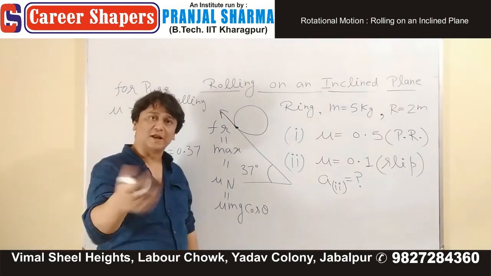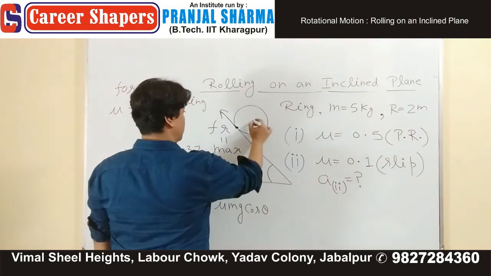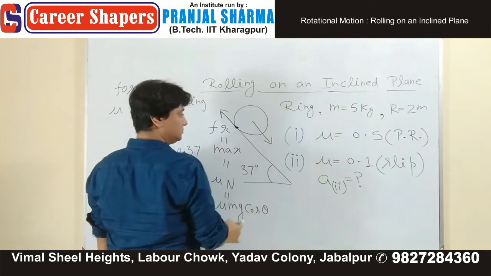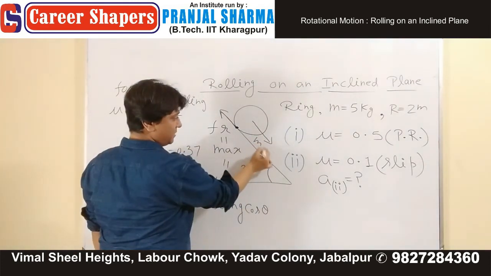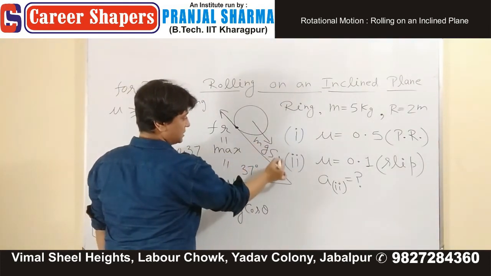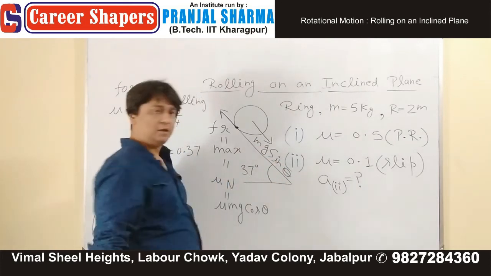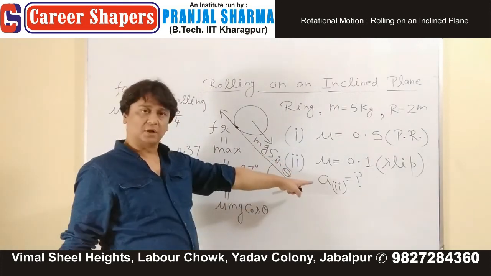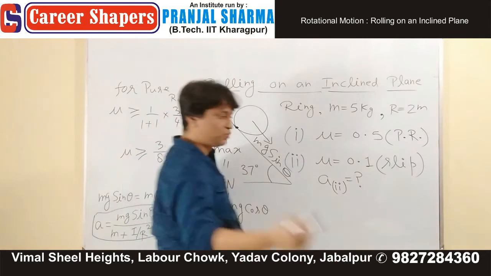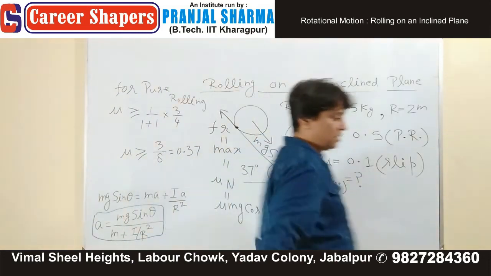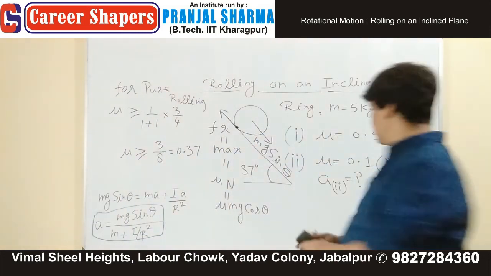This time there is nothing to do, it's so easy in the second case. What was this? This was mg sin theta. I need what? Acceleration. In just one line you can answer this. What is the acceleration? Net force divided by mass.